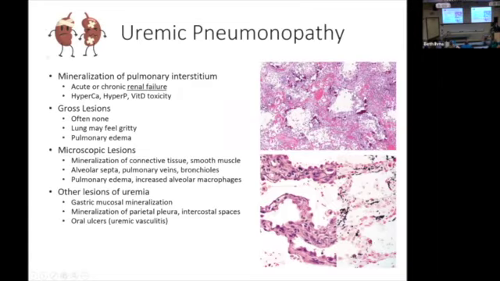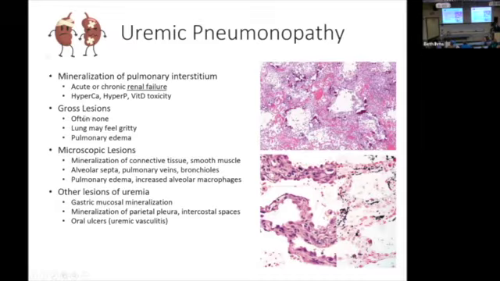So is this dystrophic, metastatic? Primary necrosis of the lung leading to mineralization, or do we have a systemic mineral imbalance because our kidneys are failing? It's systemic. Metastatic mineralization.